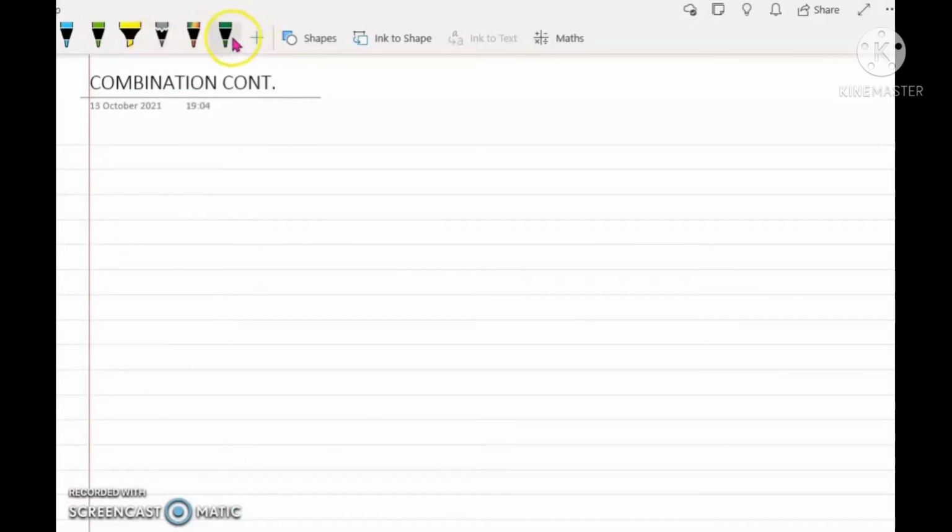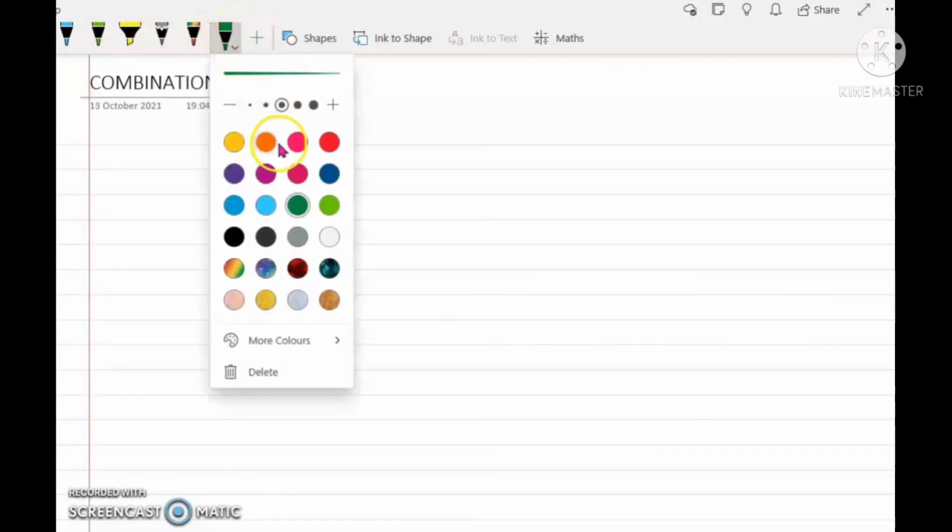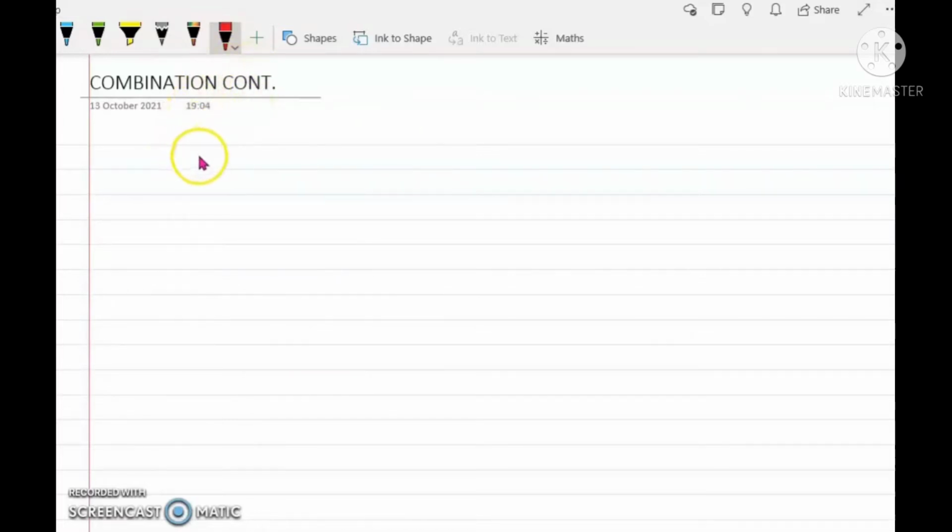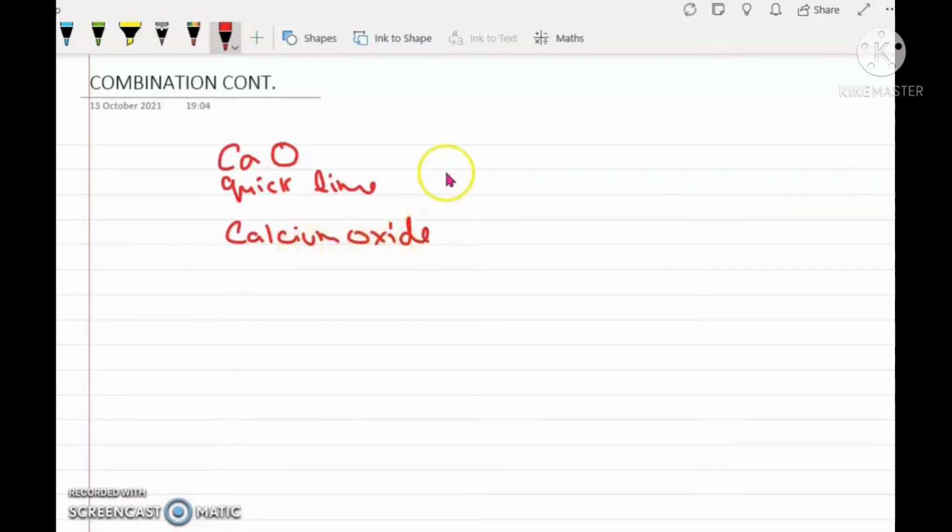Now, before I wind up this topic, I feel that I should take you to the equations given in the NCERT as well. Some of the cases given in the NCERT for combination reactions which are very important for the board syllabus are the reaction where calcium oxide, which is also referred to as quicklime, combines with water and gives rise to calcium hydroxide.